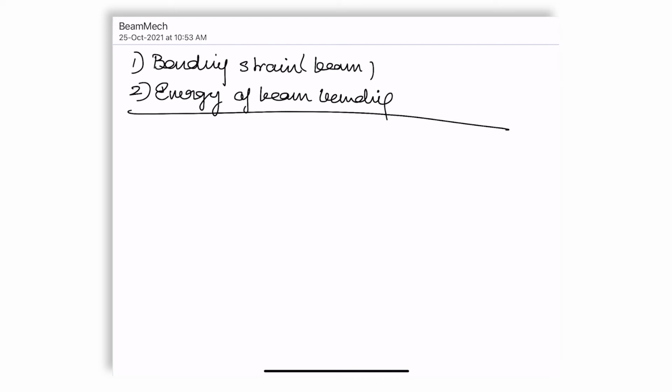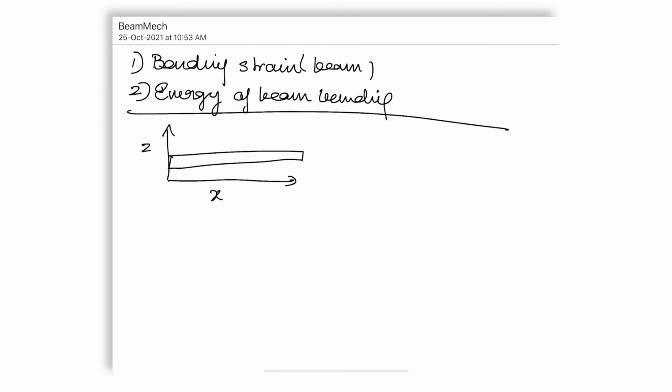So again, just to remind ourselves, the geometry of a beam involves this diagram I'd shown you earlier. Along some axis where the beam is elongated, and in cross section we argue that it has along the orthogonal axes breadth or thickness and height, breadth or width and height or thickness.